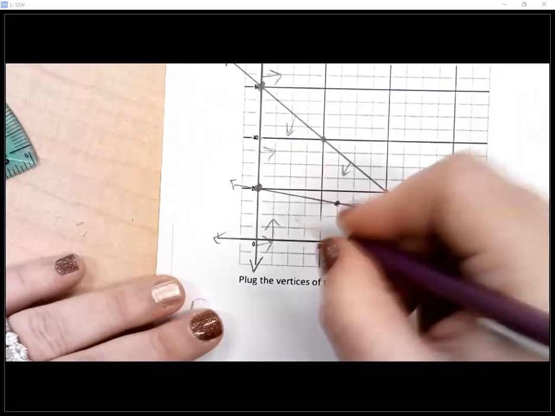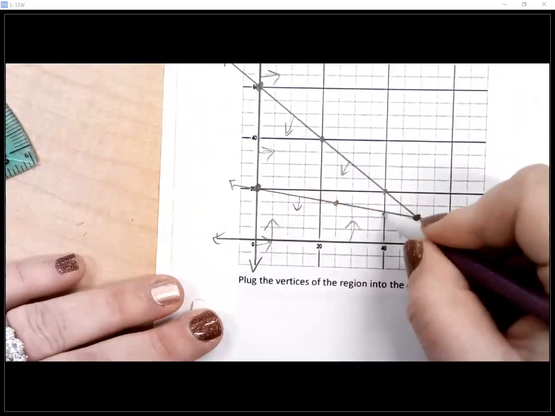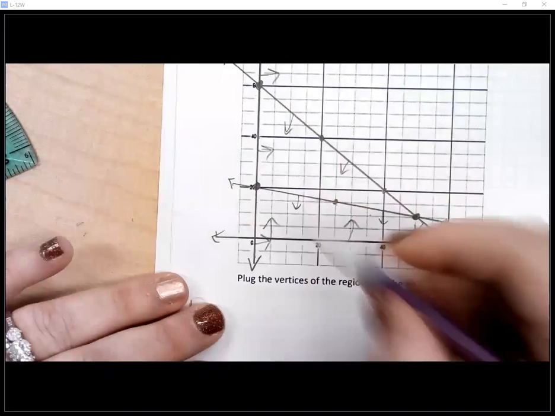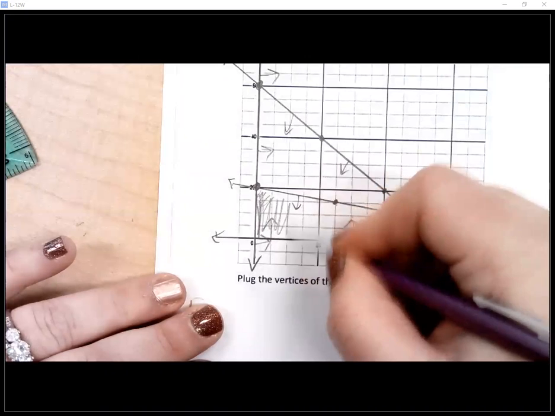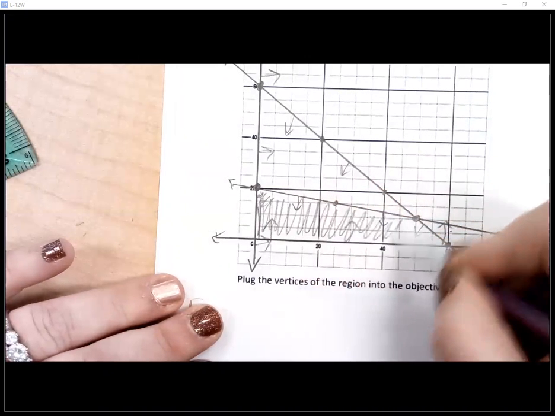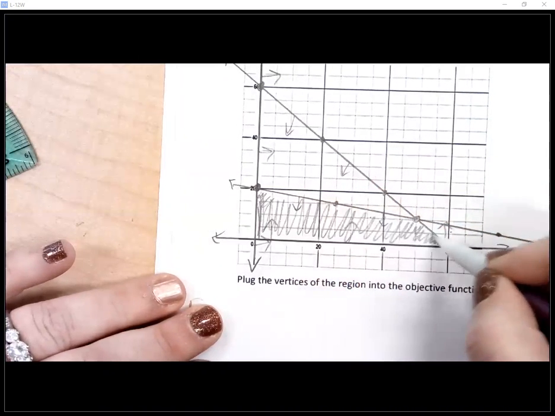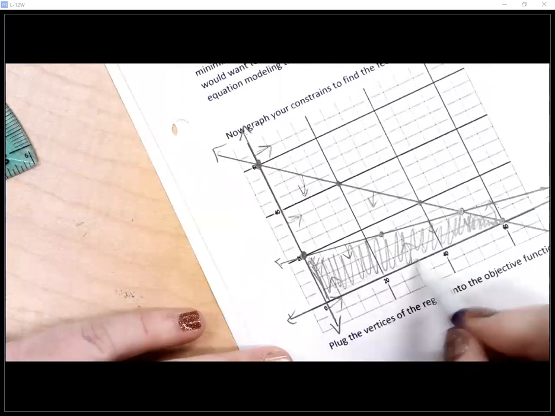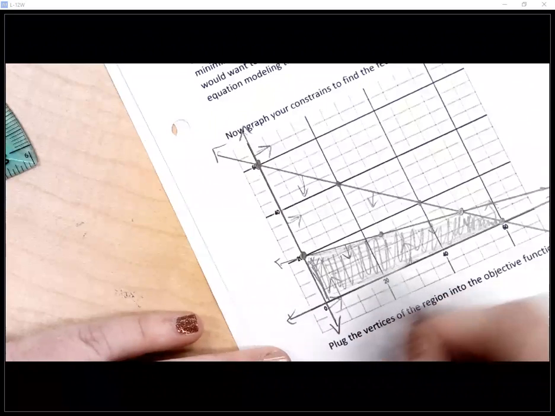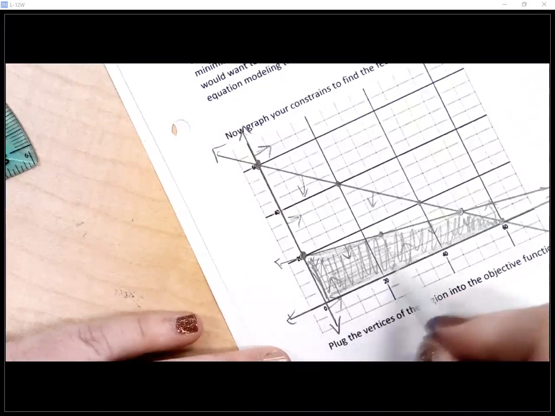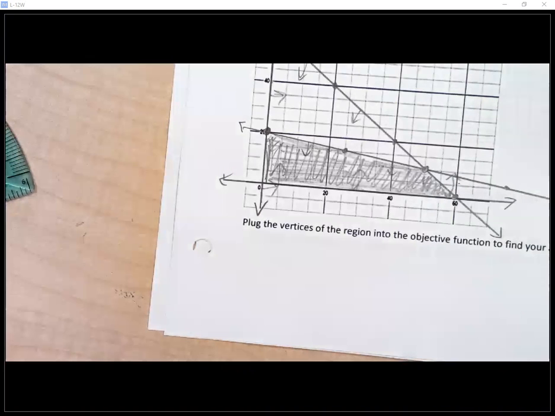So the one region that works for everybody is just this one in here. Does that make sense?